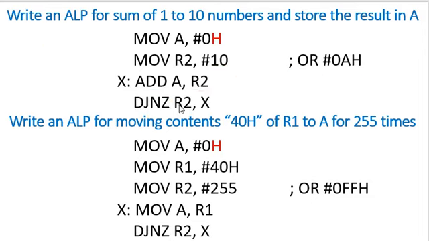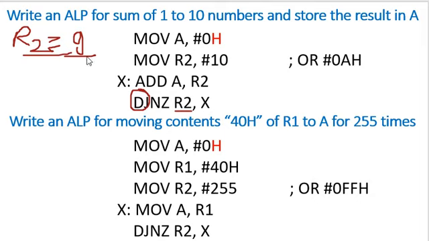Since R2 has the initial value 10, it will be decremented by 1. So 10 minus 1 becomes 9. This decrement is by default by 1. We cannot decrement 2 times or 3 times; that is not possible with this instruction.